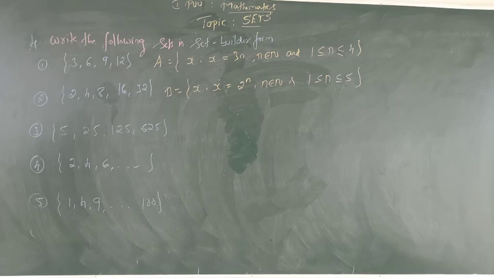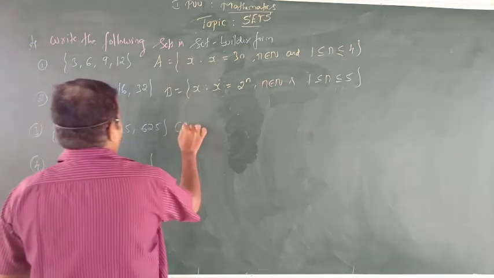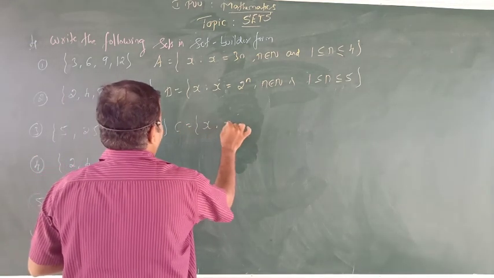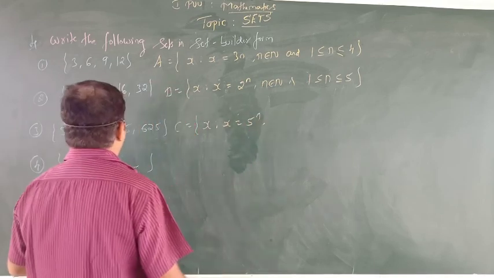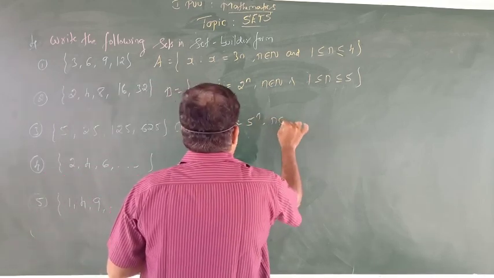The third one is 5, 25, 125 and 625, so you can write the same thing right here. So C equals x such that x is equal to 5 to the power of n. 5 to the power of n you can write, so that n should be a natural number.